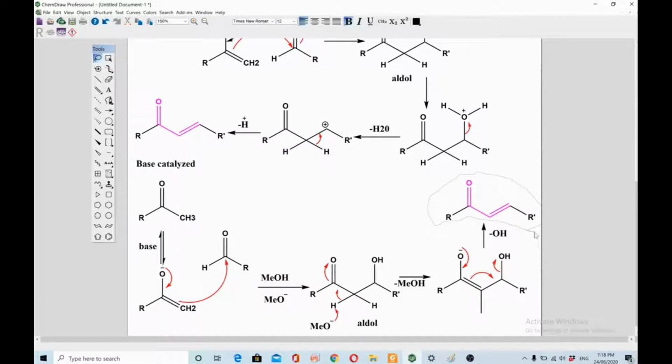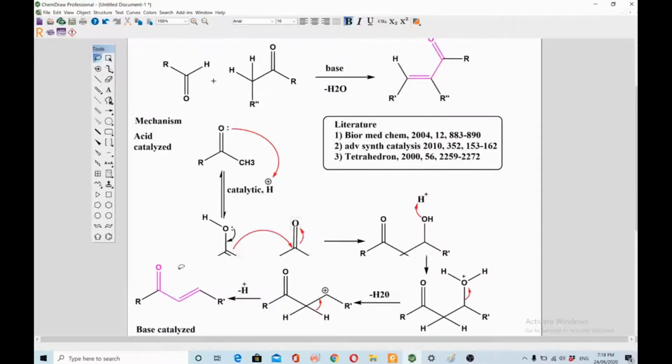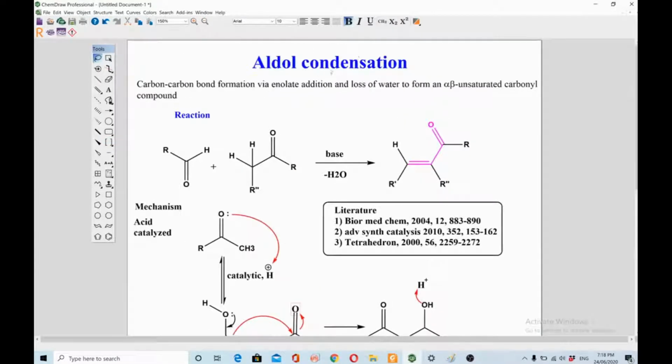Depending upon the situation and the reagents given to you in your question or in the exam, you can select which mechanism you want to use. Again, this is a quick, less than a minute overview of this reaction.